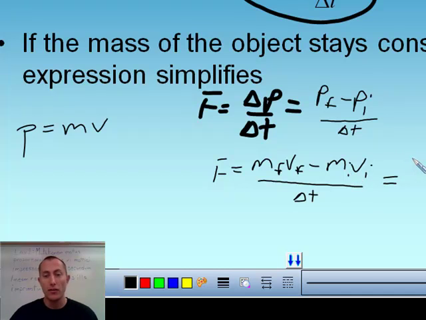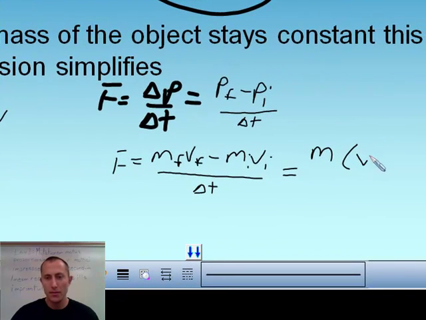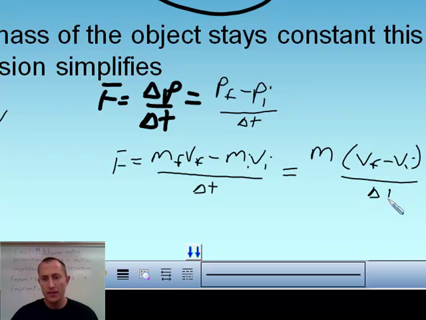We can factor it out. So we have m times (vf minus vi) over delta t. And hopefully we recognize this right here, vf minus vi over delta t. That's change in velocity over change in time, which is acceleration.